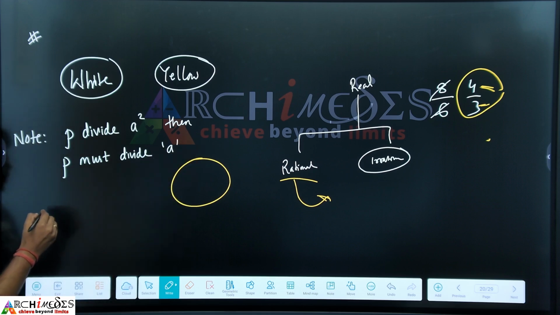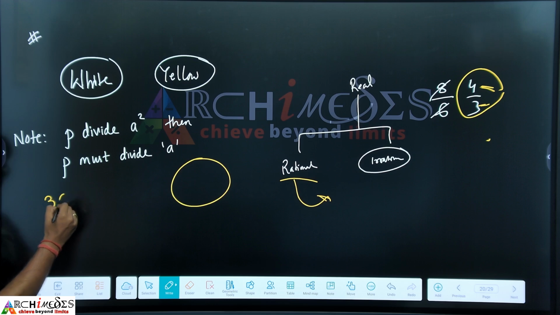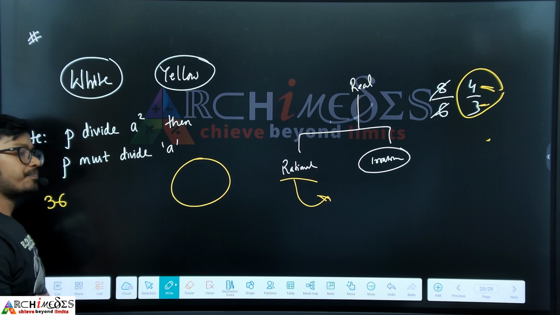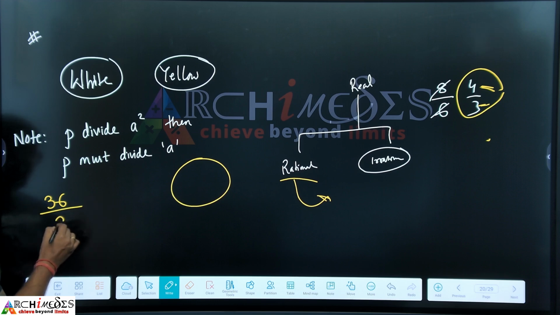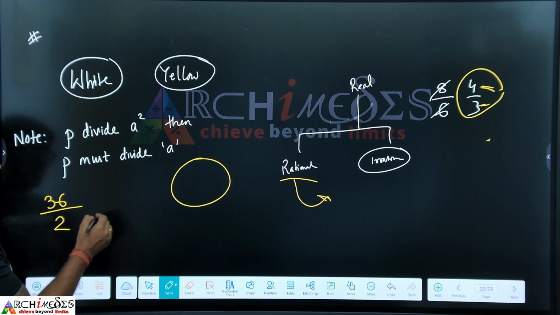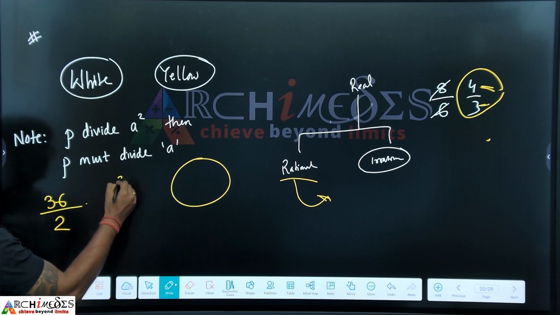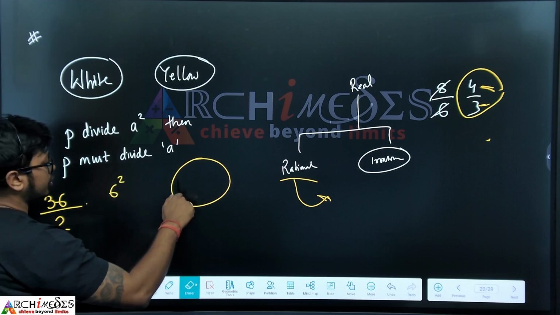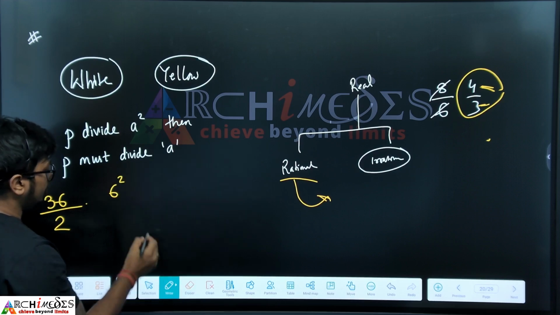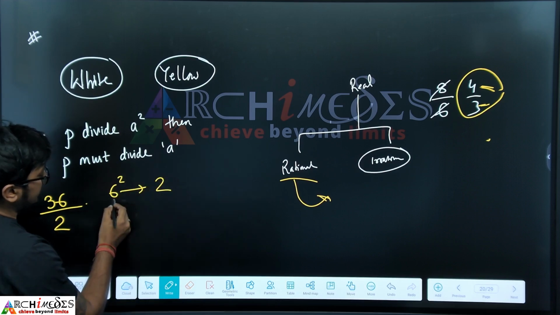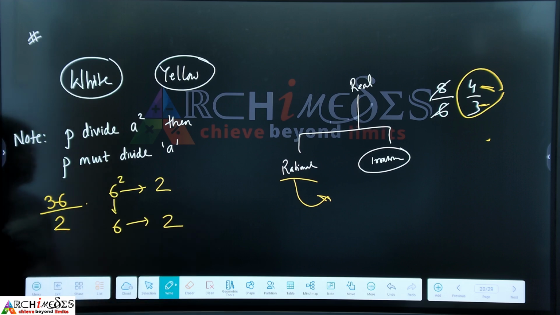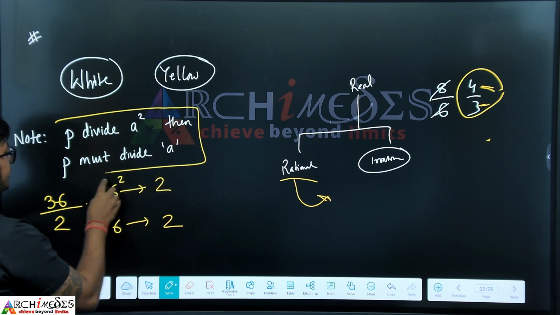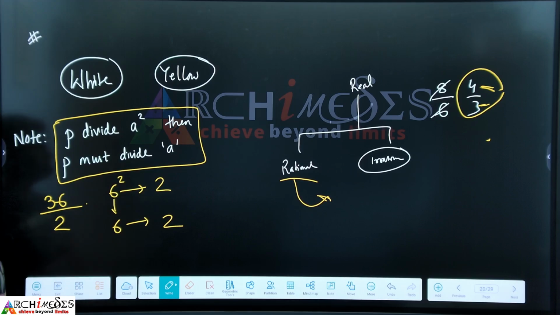Suppose this is 36. 36 is divisible by one prime number, that is 2. So can we say that 36 is 6 square? Yes or no? So if 36 is divided by 2, isn't it that 6 is also divisible by 2 automatically? So that's why if P divides A square, remember that P must divide A.